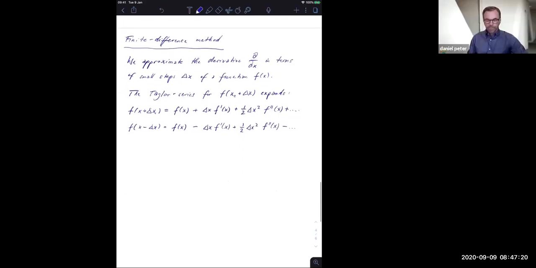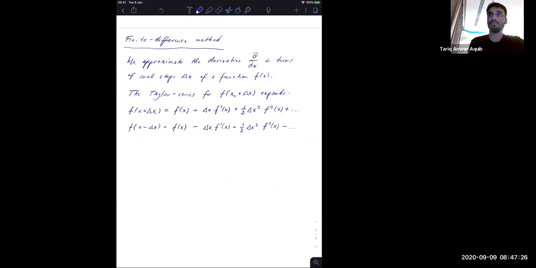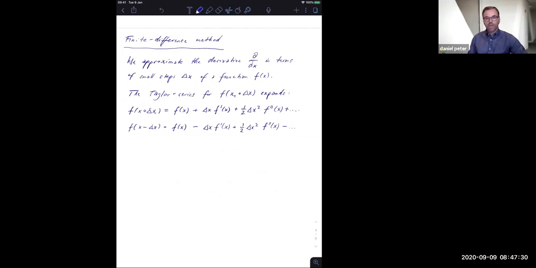Good. So with these two Taylor series, we can basically now, like a cook recipe, come up with different schemes.